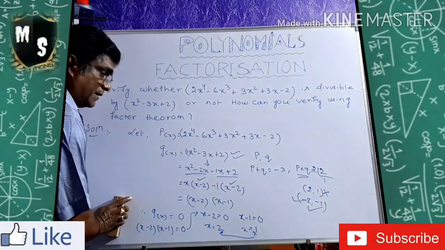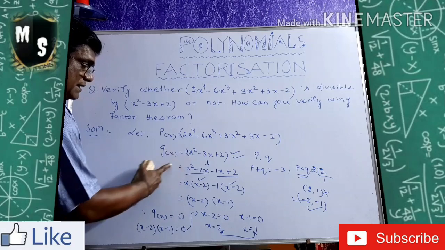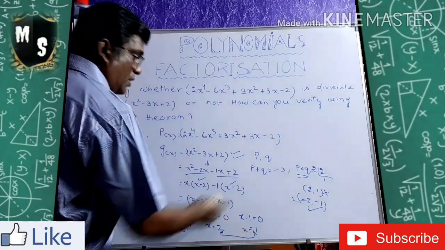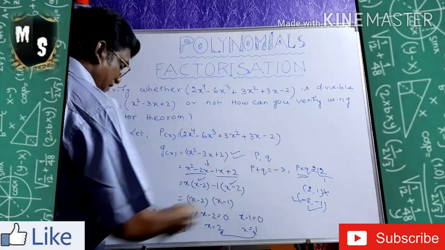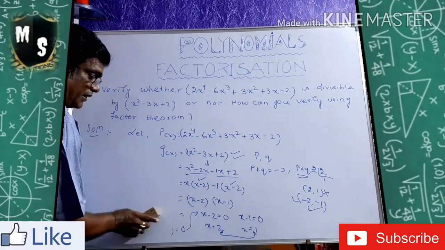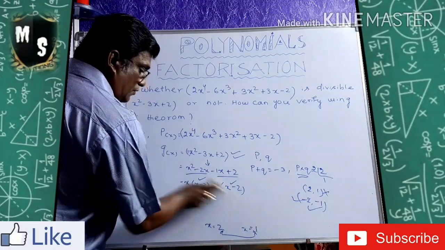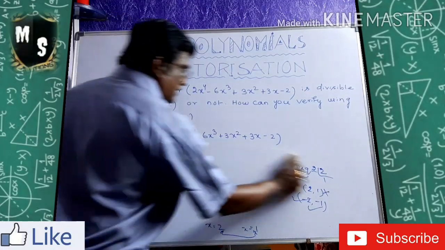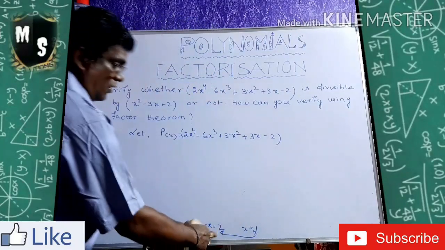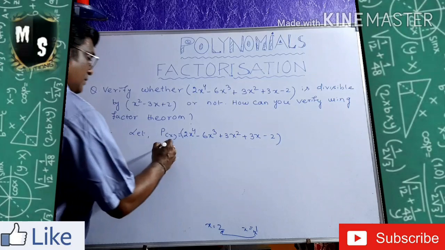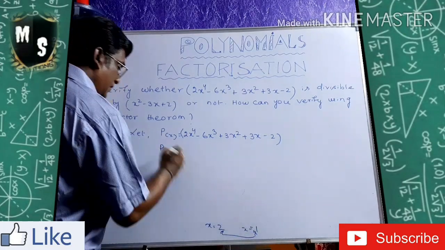So first you take g(x), then middle term splitting, then your values are coming for x, 1 and 2. How it was split, I already explained to you. Now you see, I am putting the values of x, 2 and 1, in my polynomial. So let's try on p of x with 1. I am trying 1 first.